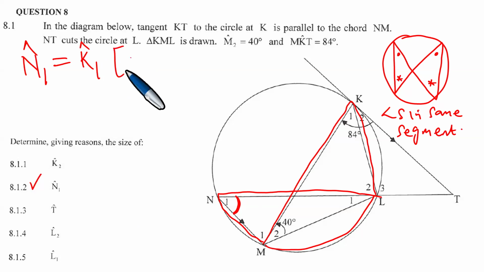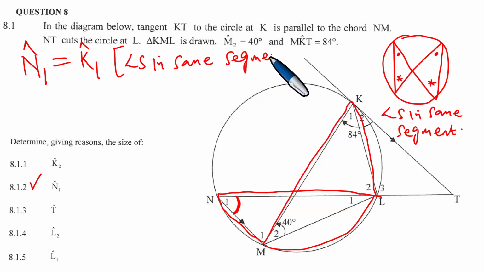These are angles in the same segment. So this one here is equal to this one there. Next point. We're interested right now in finding the size of the angle K1.